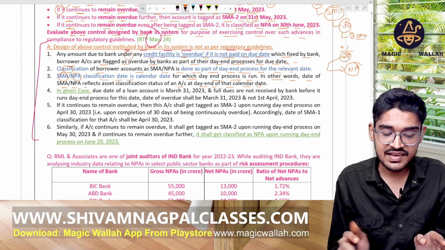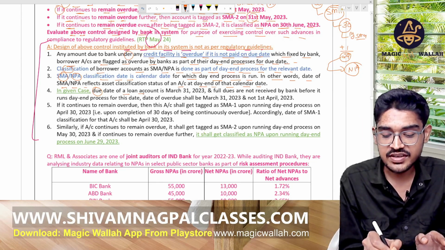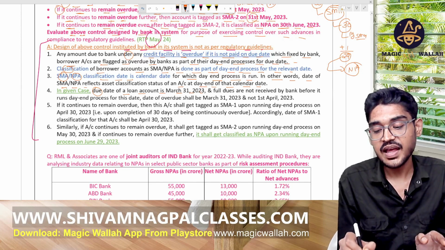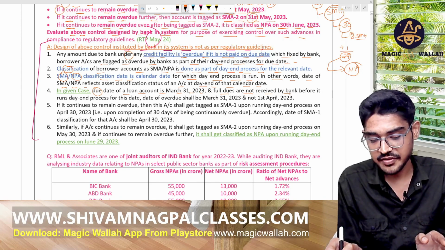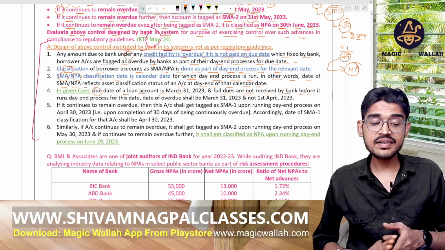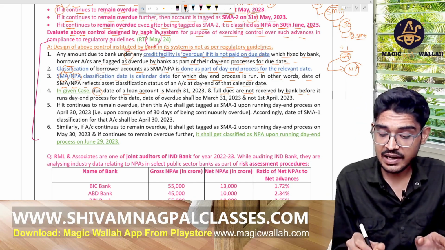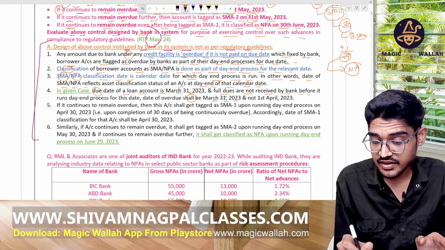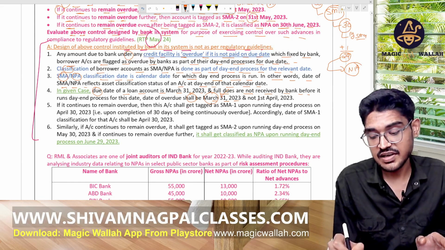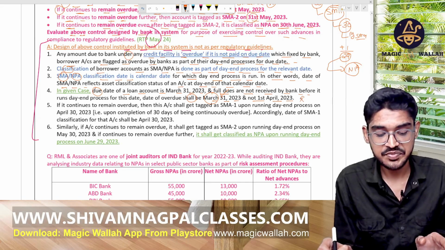So in the given case, the due date of the loan account is 31st March and the full dues are not received here. So it runs the day end process for this date, and the date of overdue shall be 31st March itself, not the next day.